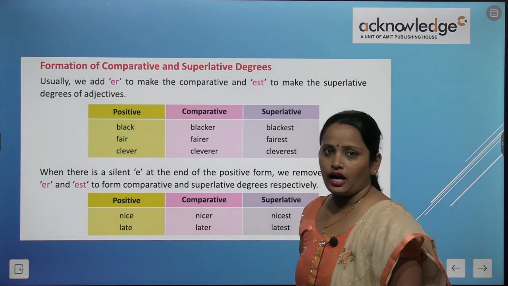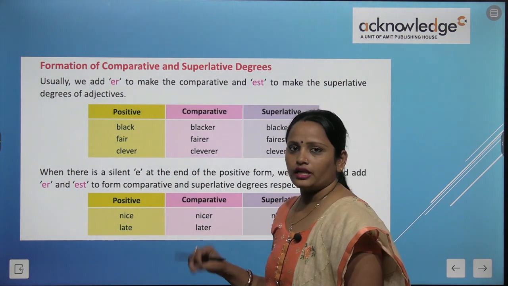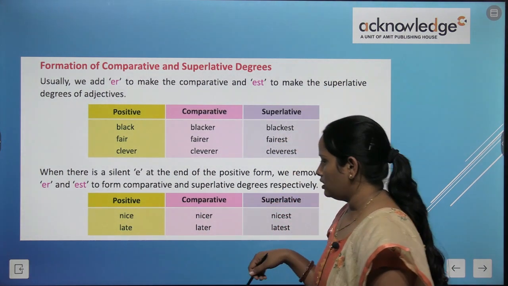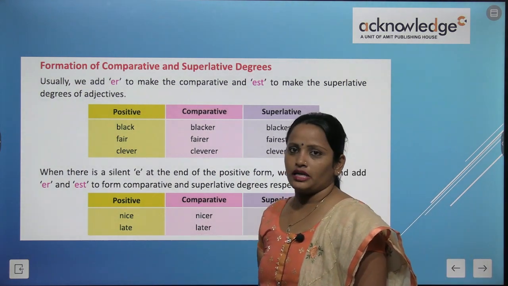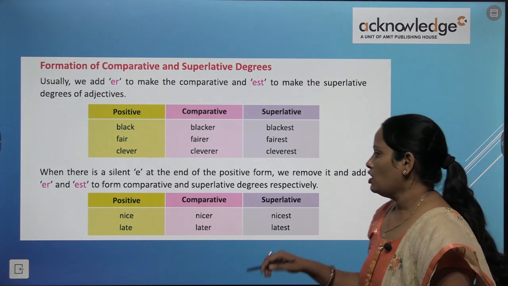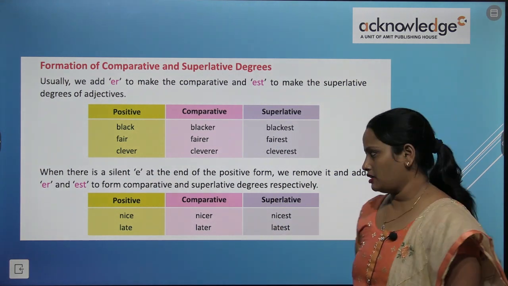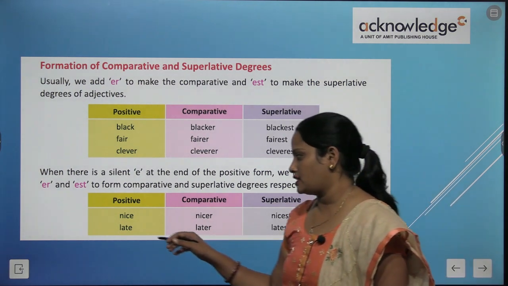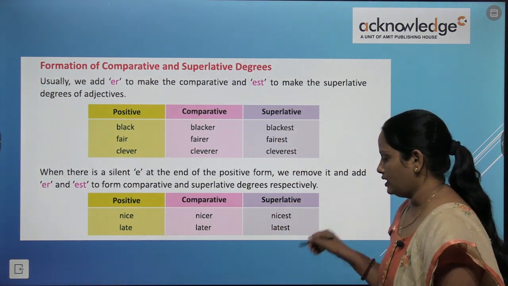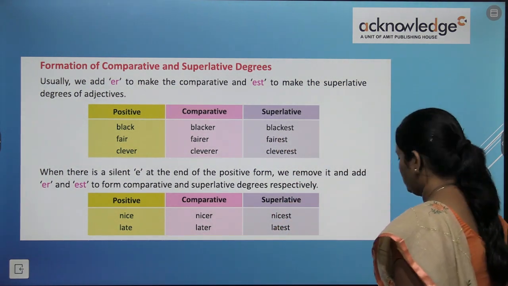So पहले से E लिखा हुआ है, so इस E को हटा देना है और हमें सिर्फ ER और EST लगा देना. So nice में से मैंने E हटाया तो NIC and then ER, nicer बन गया and in the superlative degree it becomes nicest. Late becomes later and latest.